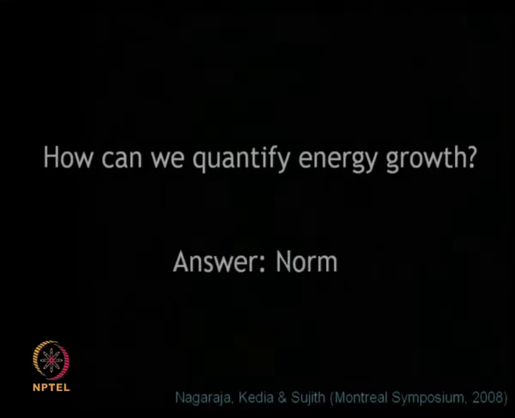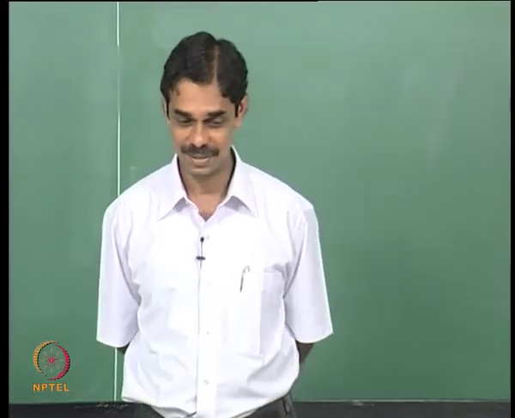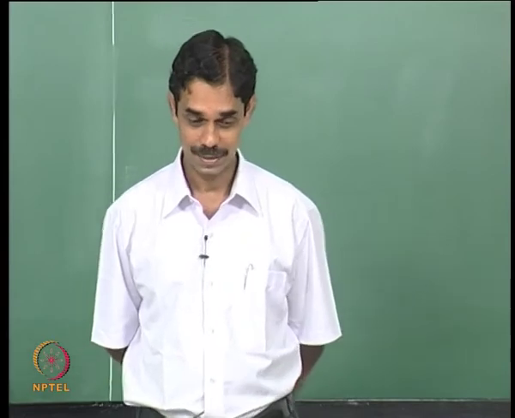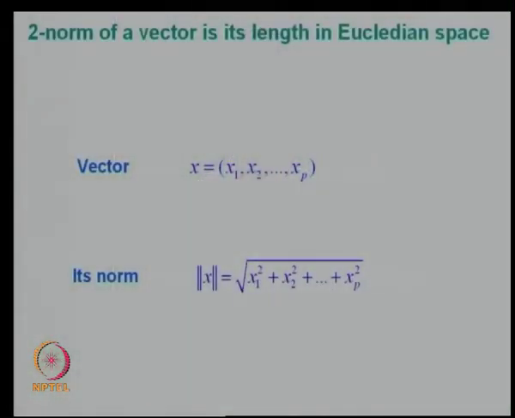So the answer is to quantify you have to have a measure or a norm. When I heard this first, I am not a mathematician or a physicist, I can measure quantities, but I did not understand what a norm was. So I had to experiment. People who do experiments sometimes get thoroughly discouraged when they hear fancy jargon, but soon I found out there is nothing to worry about, although the mathematicians scared me with the talk of norm and measure.